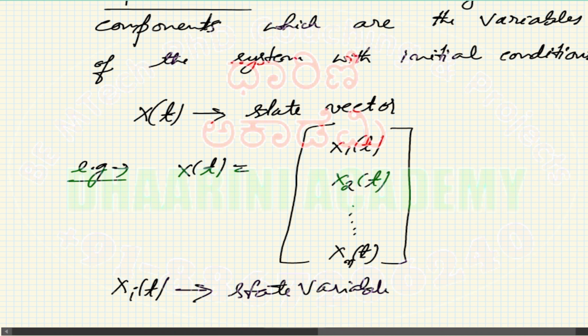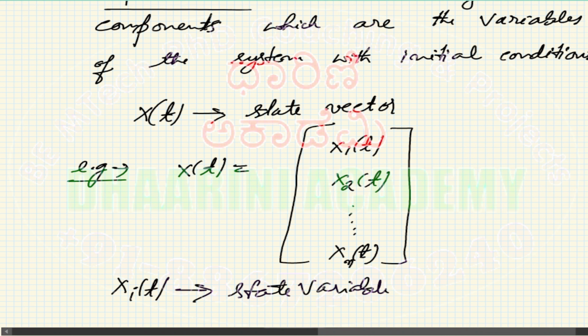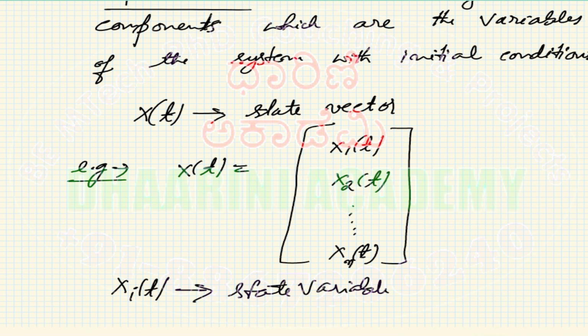So that's how we try to define it now. Let's consider the state at t equal to t1. I want a specific time t1 where I want to decide what is the state of the system. So you must know x of t naught, where t naught is the initial condition.